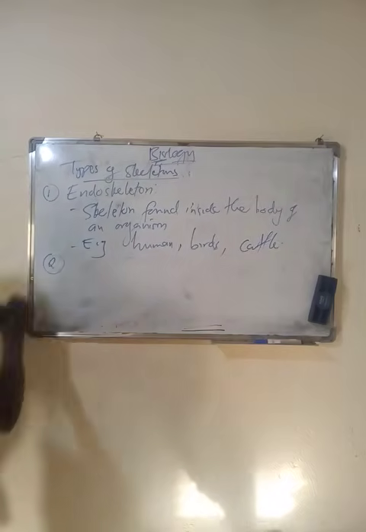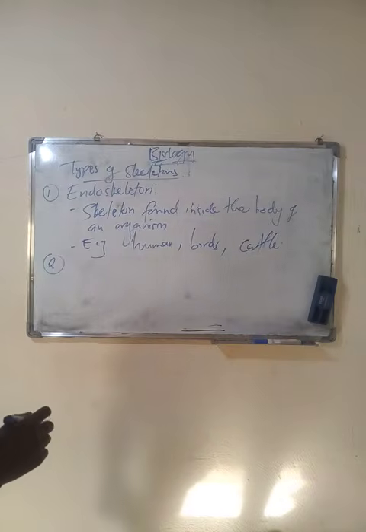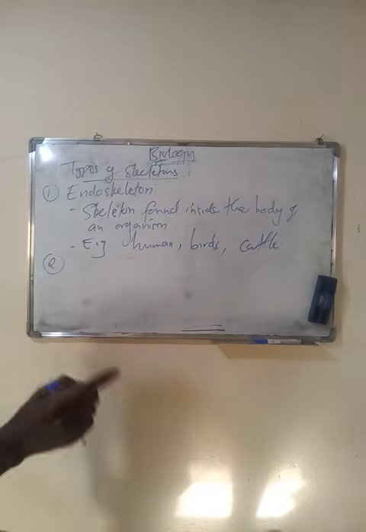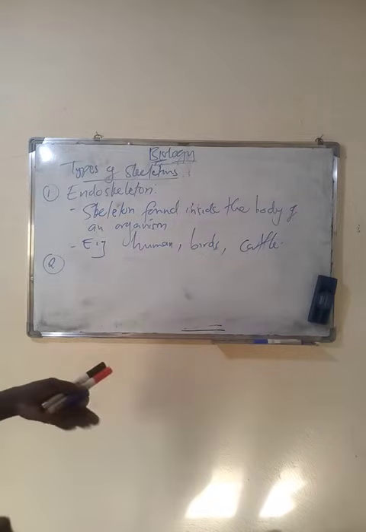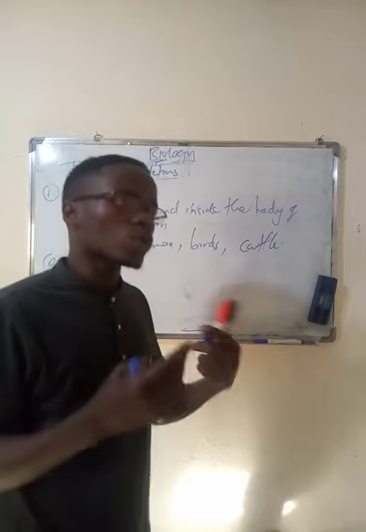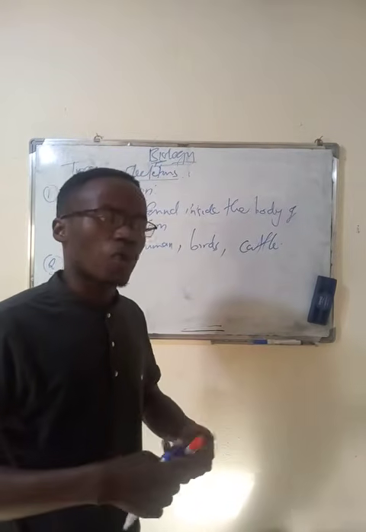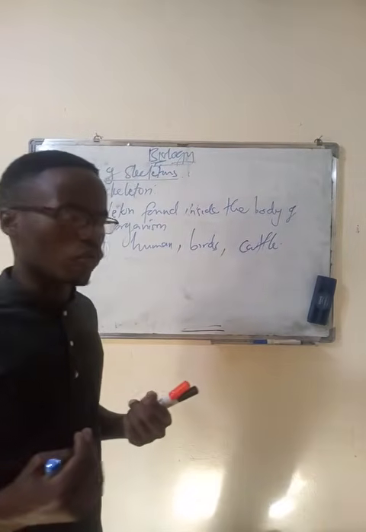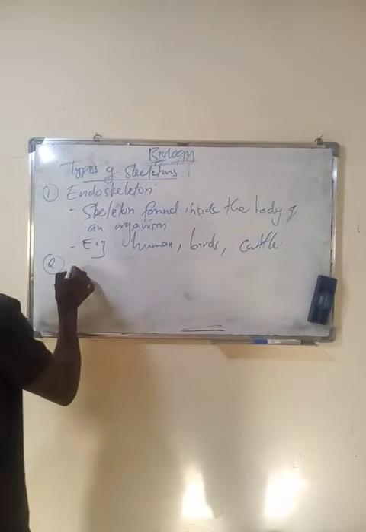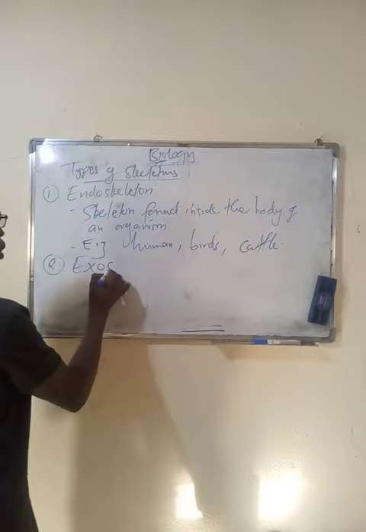Then the second type of skeleton that we have: if we have an endoskeleton, a type of skeleton that is found inside the body of an organism, then we should also have a type of skeleton that is found outside the body of an organism, isn't it? So that type of skeleton is called the exoskeleton.